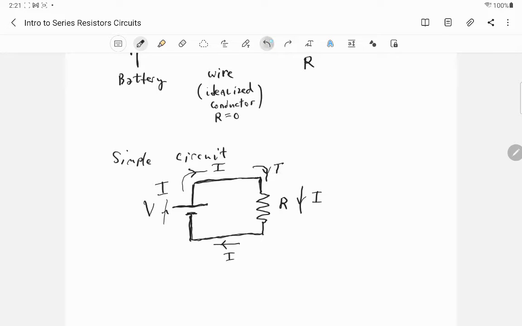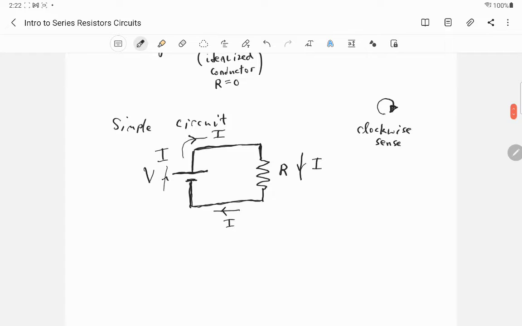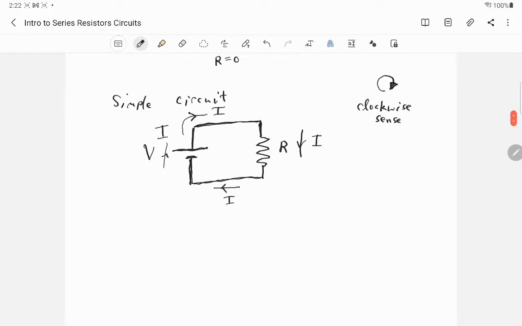It's getting kind of busy in there. Right, so the current is flowing in a clockwise sense. Right, so sometimes this is given a symbol that looks like that. Right, so it's going around in this sense, clockwise, right? Counterclockwise is the other cycling sense. But anyways, this is the conventional current.